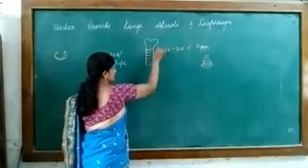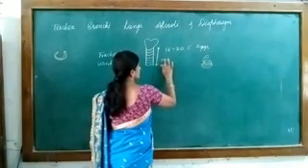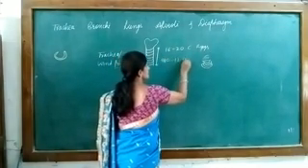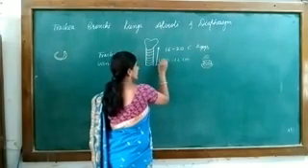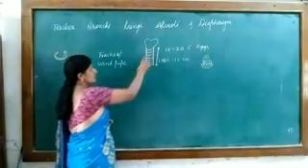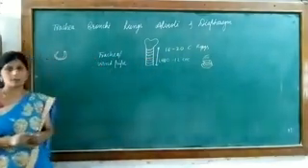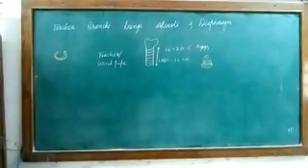Length of the trachea is 10 to 12 centimeter, and the rings present in it are 16 to 20 cartilaginous incomplete rings.